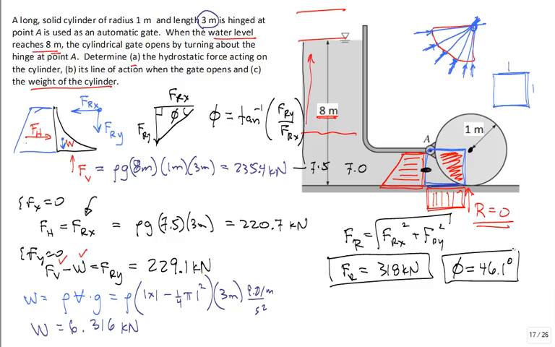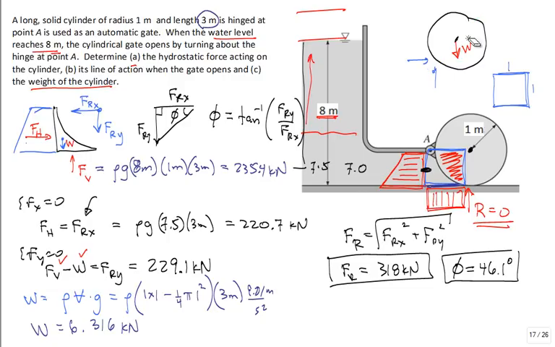Now for part C, what we do is we shift our focus away from the water and that little half moon or sliver, and we focus on the cylinder. All right? So here is my cylinder free body diagram. I have the weight of the cylinder acting that way. True or false? I have the hydrostatic force, made up of two components, but they go through the line of action which goes right through the middle of that cylinder.